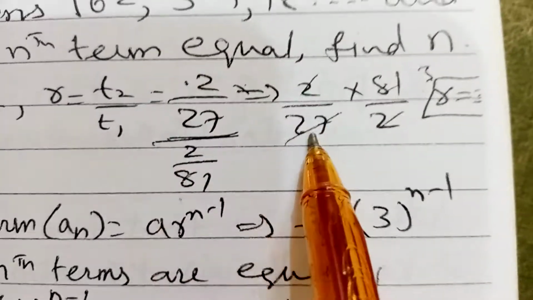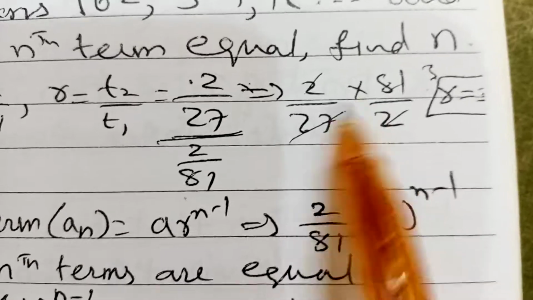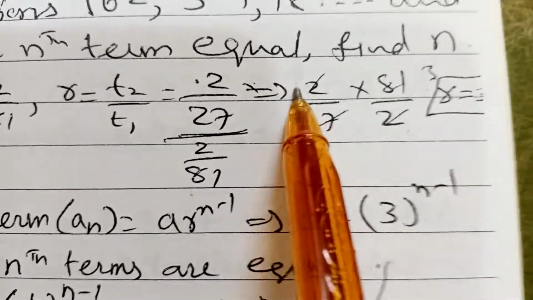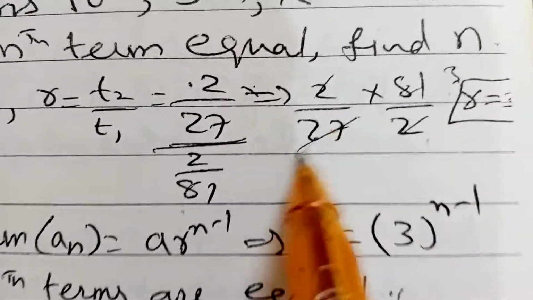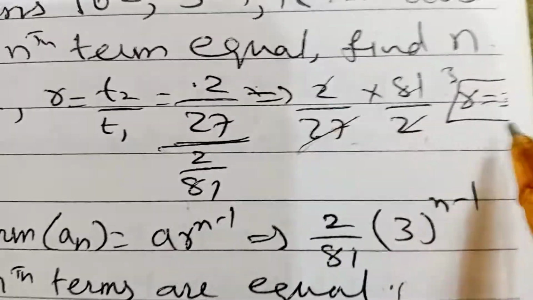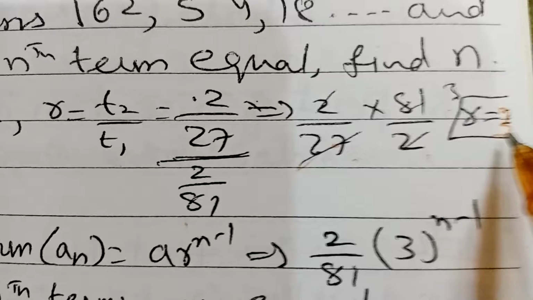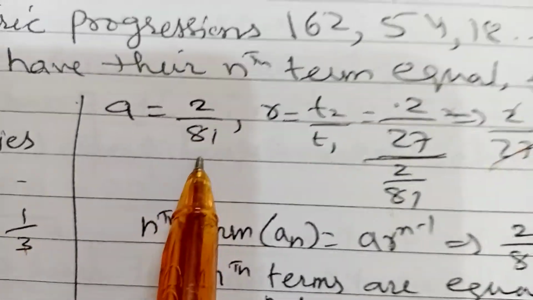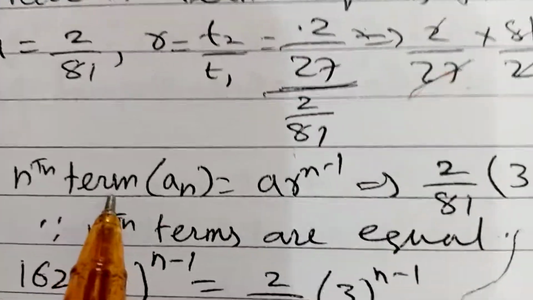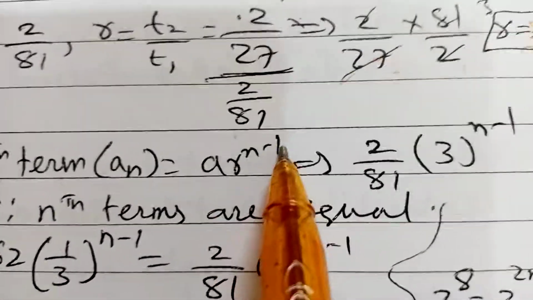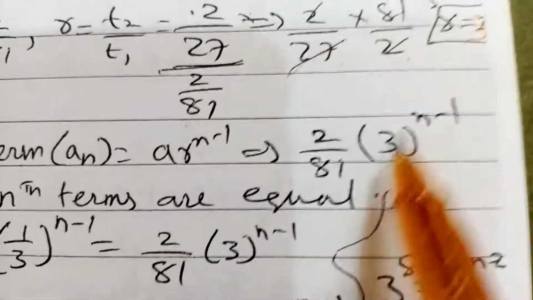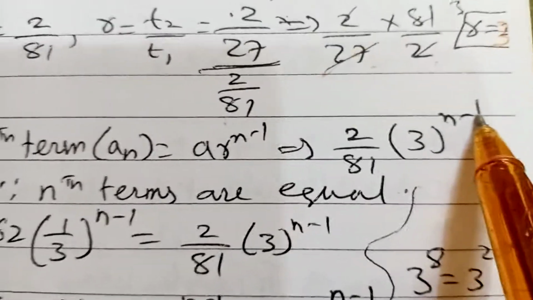This 2 by 27 as it is, into 2 by 81 becomes 81 by 2. 2 cancels, 27 1s are 27, 27 3s are 81. So r is equal to 3 and a is equal to 2 by 81. The nth term formula is a r to the power of n minus 1. What is a? 2 by 81. What is r? 3 to the power of n minus 1.